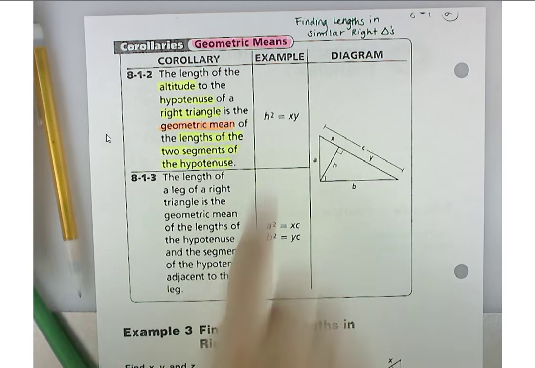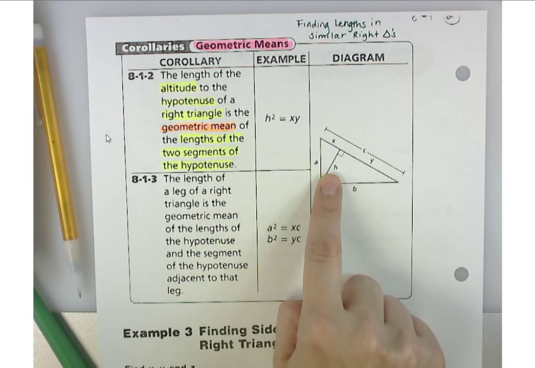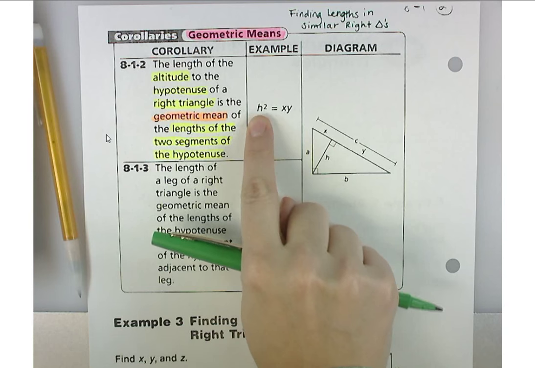So what this tells us is that h squared here is going to equal xy, which really, let's put this in the same form we did before. How could I just solve that for h?